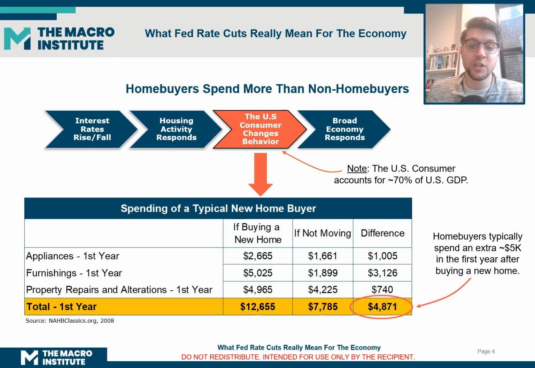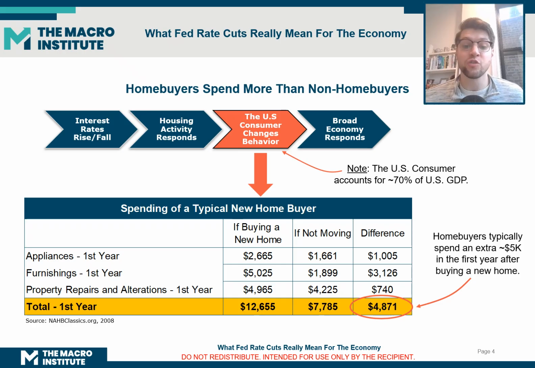So, as we've mentioned, the U.S. consumer accounts for 70% of U.S. GDP. I think I've said that in almost all of the videos I've made at this channel thus far. And so when interest rates change, we see changes in consumer behavior via the purchase of new homes. And here we can outline the difference between what a home buyer spends on appliances, furniture, repairs, and alterations versus what someone who's not moving spends.